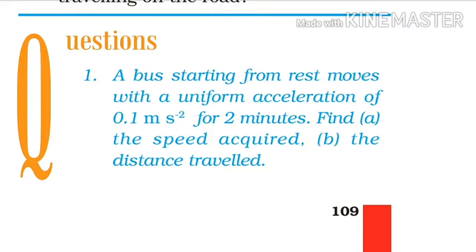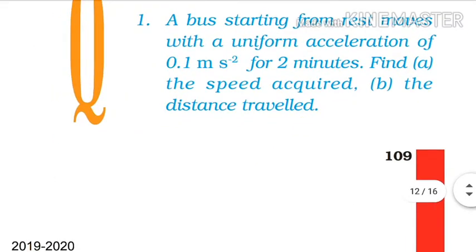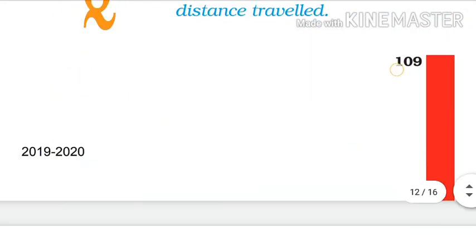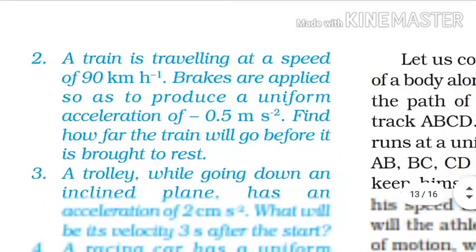So 14400 multiplied by 0.1 is 1440, divided by 2, it means 720 meter. So the total distance traveled by the bus will be 720 meter. Okay, now come to the next in-text question.